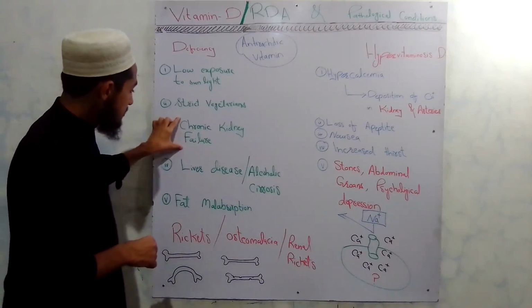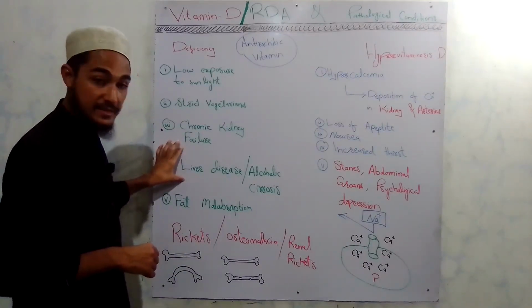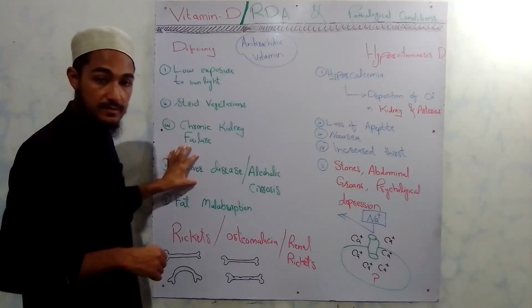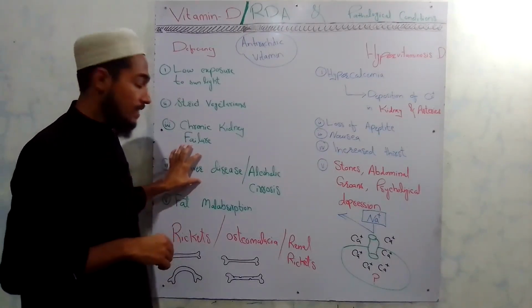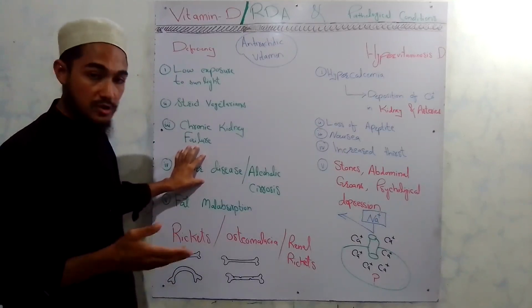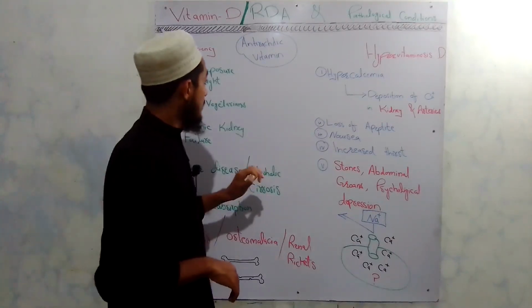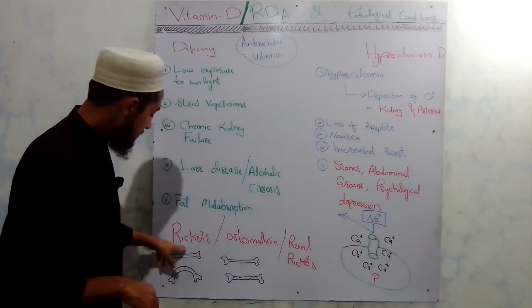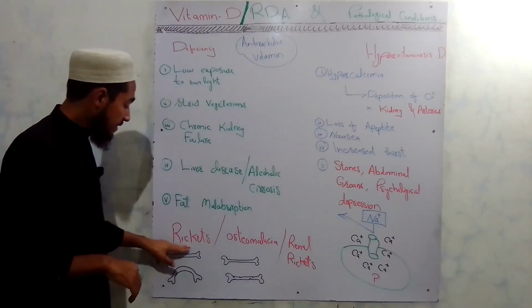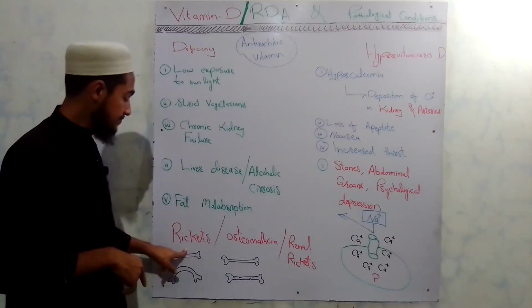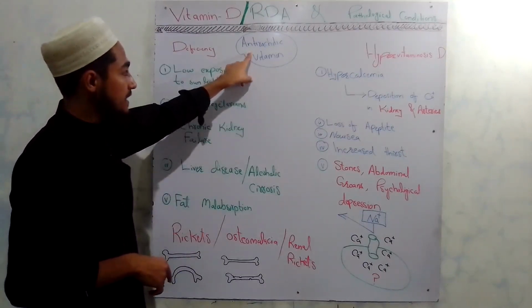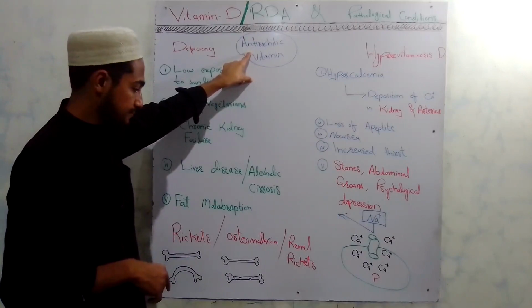In chronic kidney failure and liver diseases, the enzymes that are necessary for the biosynthesis of vitamin D are not present. Since vitamin D acts against rickets, vitamin D is also known as the anti-rickety vitamin.